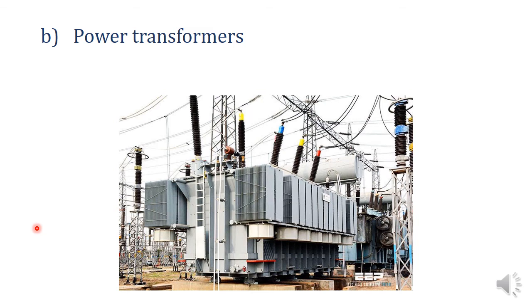They are put in operation during load periods, and they can be disconnected during light load periods. So they are designed in such a way that the maximum efficiency occurs at or near the full load. And normally the power transformers are rated in MVA.